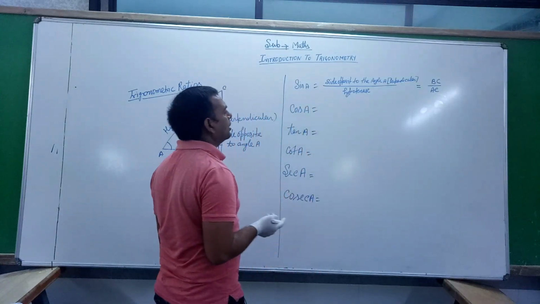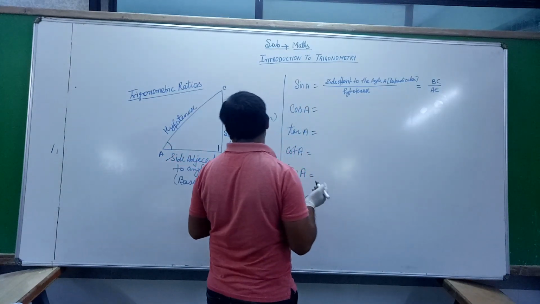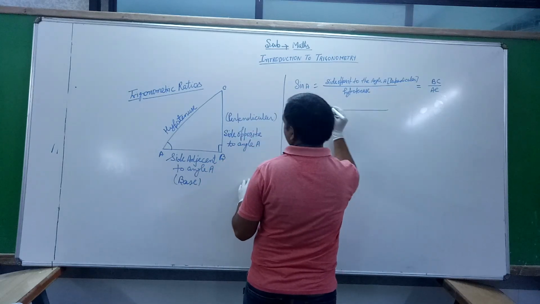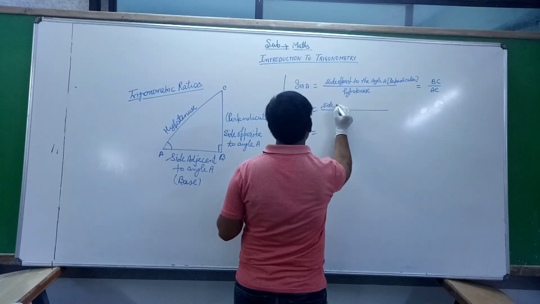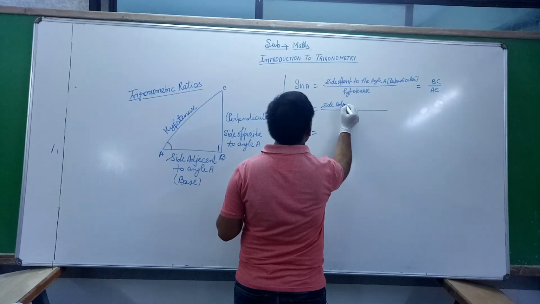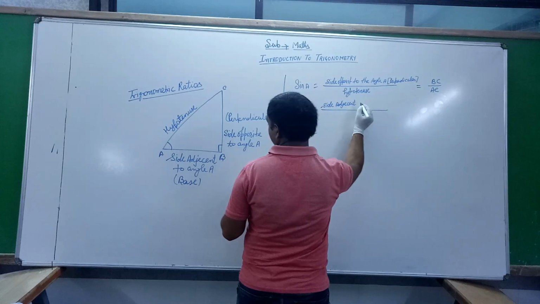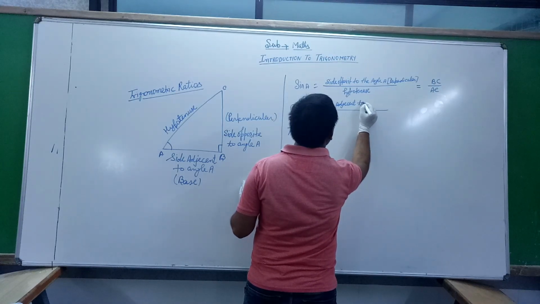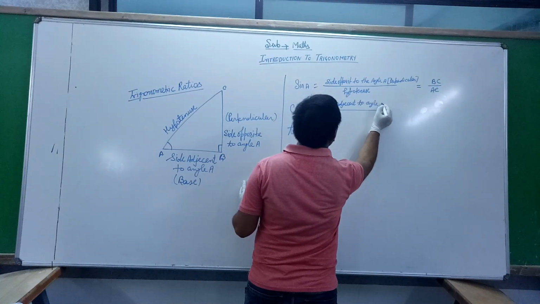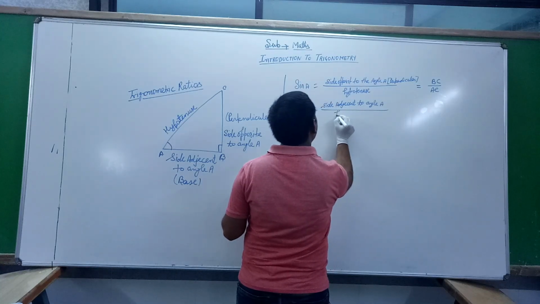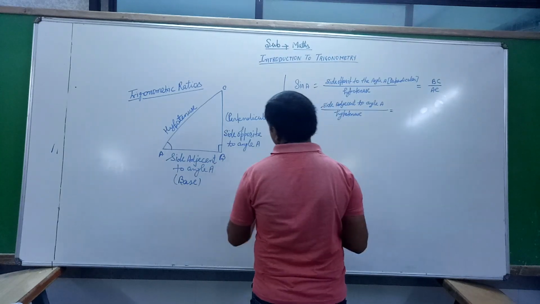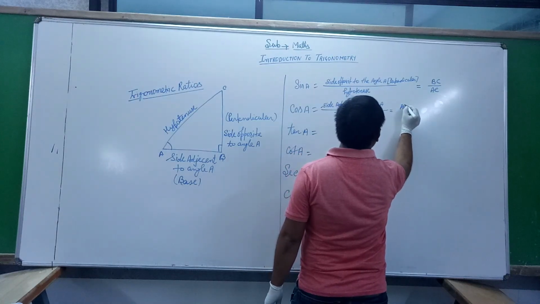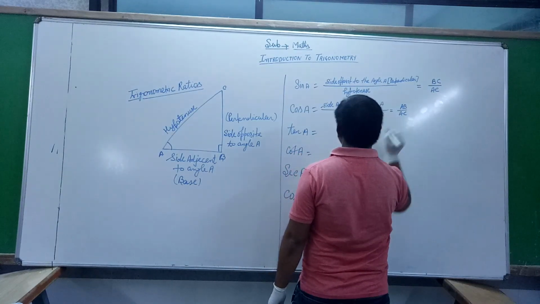After that, cos A is the side adjacent to angle A upon the hypotenuse. Either this is equal to AB upon AC.